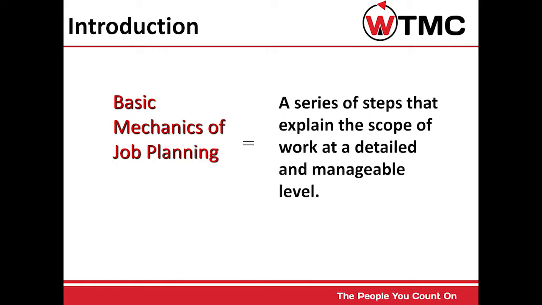Let's discuss the basic mechanics of job planning. Job planning is a series of steps that explain the scope of work at a detailed and manageable level. Job planning defines the elements of manpower, machinery, and materials for each particular job.